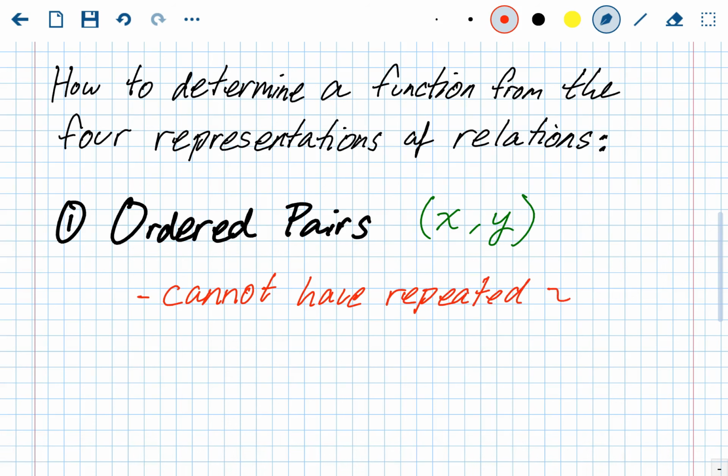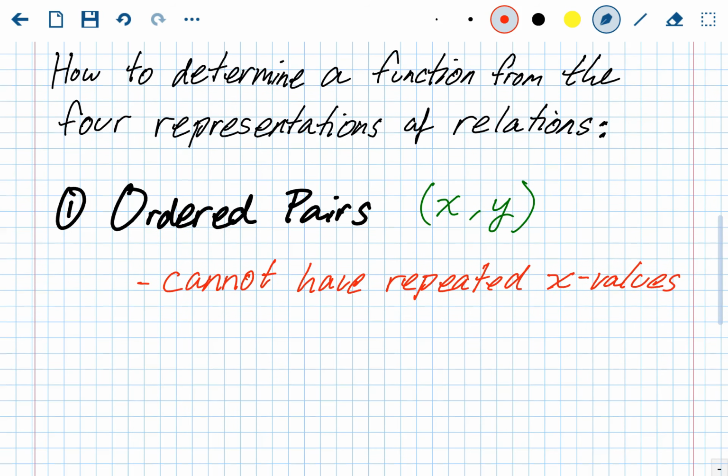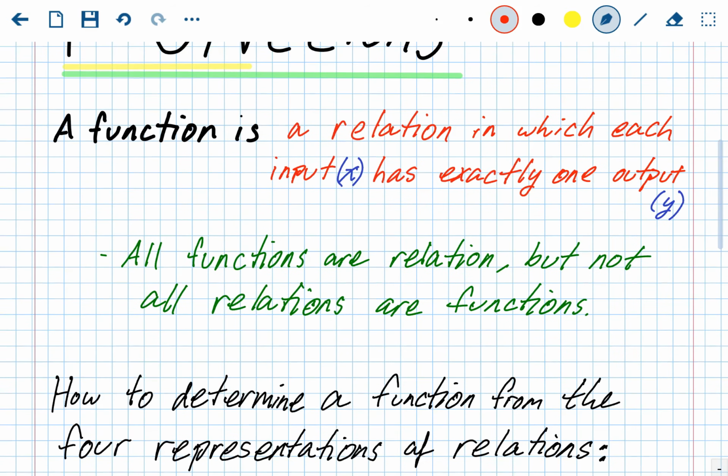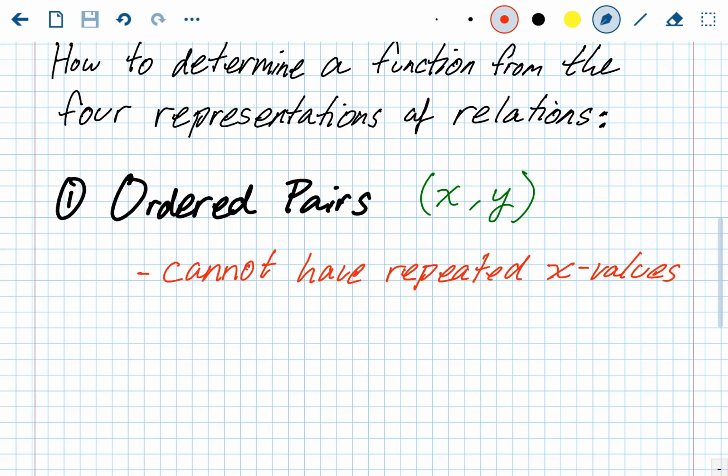So you'd have to go through and read every ordered pair and see if any of the x values are repeated. If they had repeated x values, they would break the definition of a function, okay? Which is that each input, each x value, only has one output. So if there are repeated x values with different outputs, it breaks the definition. So ordered pairs cannot have repeated x values. If they don't have repeated x values, then it is a function. If they do, then it's not.